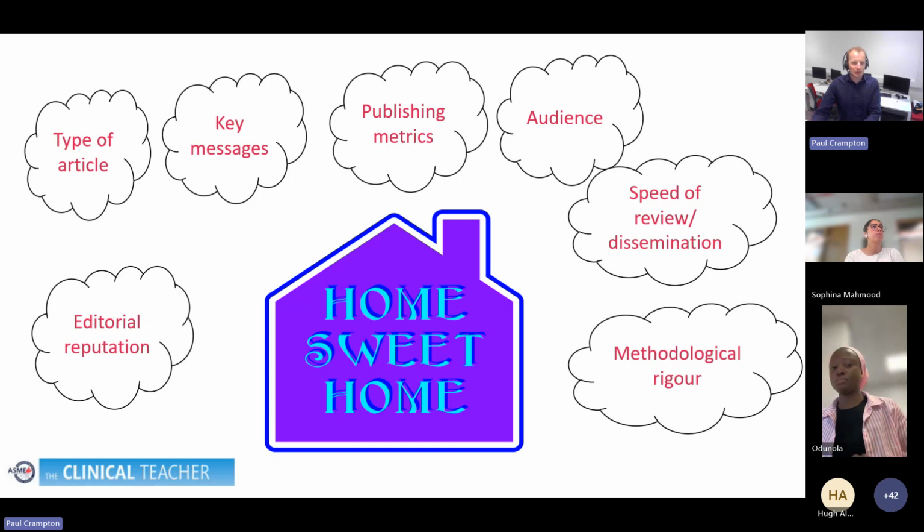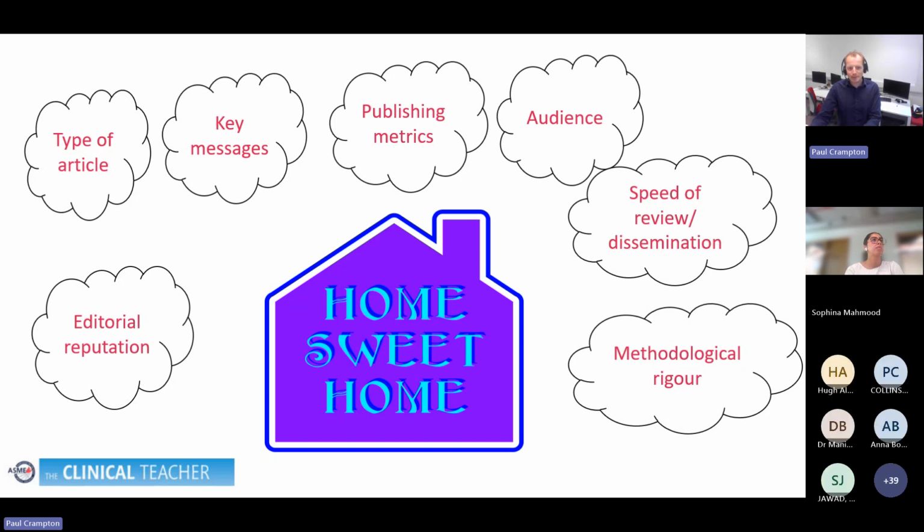There's things such as publishing metrics, so the impact factor, how often different articles have been cited within the journal, the altmetrics, so how often people are downloading them and looking at them across different media platforms as well. All these might play into how much exposure you might get with different journals, and the audience again, whether it is certain types of people, locations, people interested in certain topics.